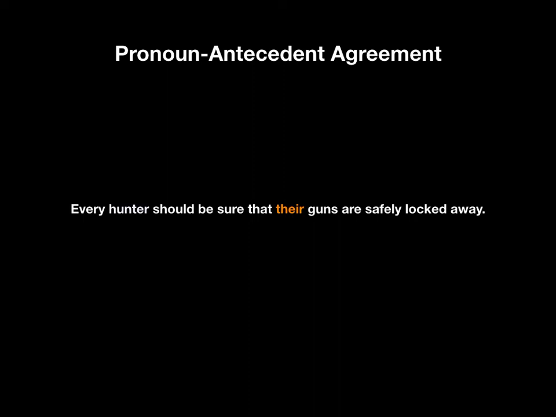Their is referring back to the antecedent hunter. Now let's begin analyzing to see whether our antecedent agrees with our pronoun. Hunter is singular, and their is plural. Therefore, our pronoun and our antecedent do not agree.